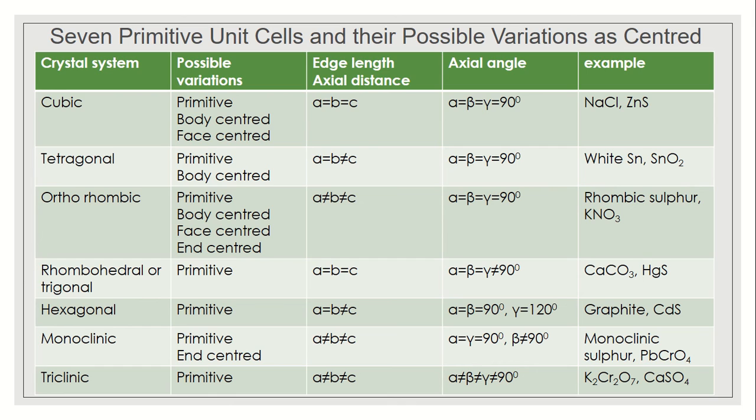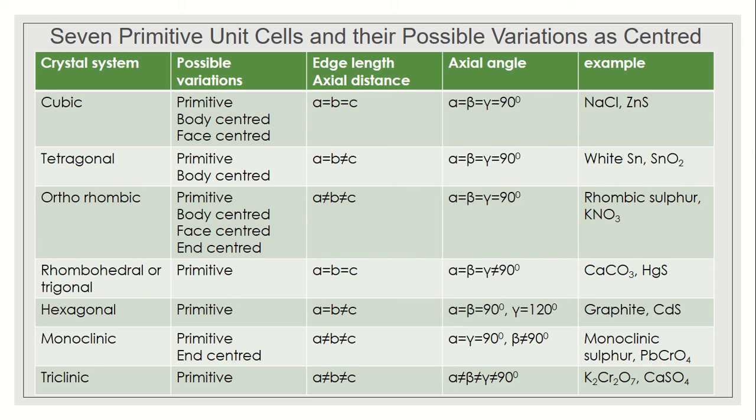Monoclinic crystal system: alpha and beta are equal to 90 degrees, alpha and gamma are equal to 90 degrees, and beta is not equal to 90 degrees. All the three sides are not equal to each other, where A is not equal to B and B is not equal to C. In case of triclinic, all the 6 parameters are different from each other.